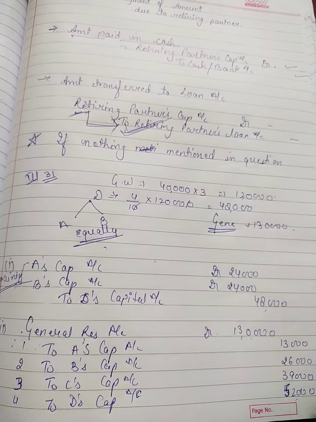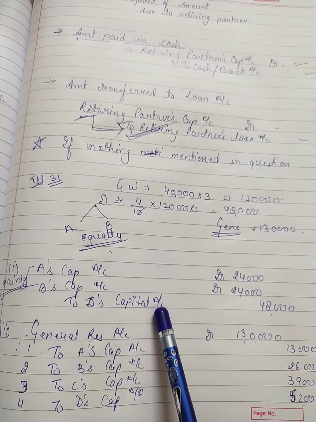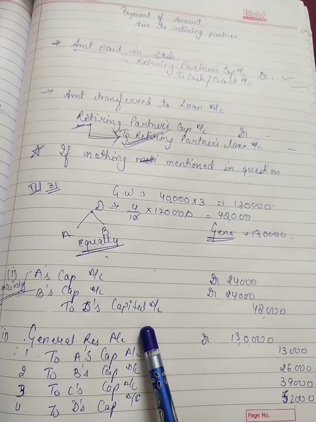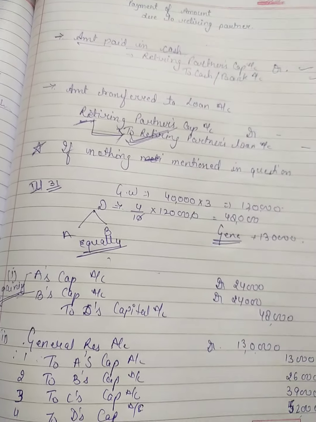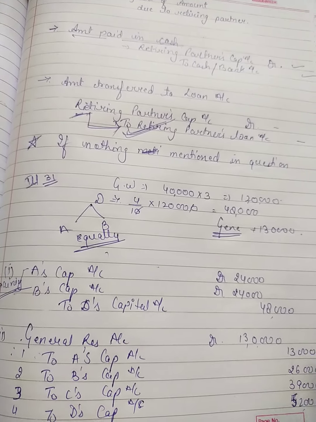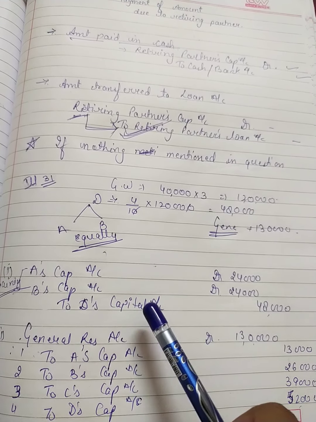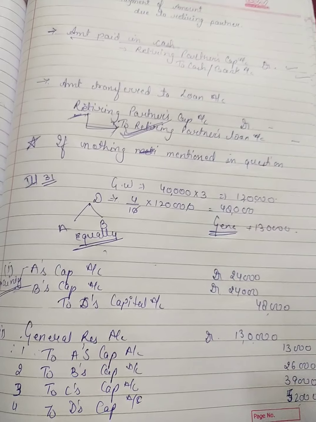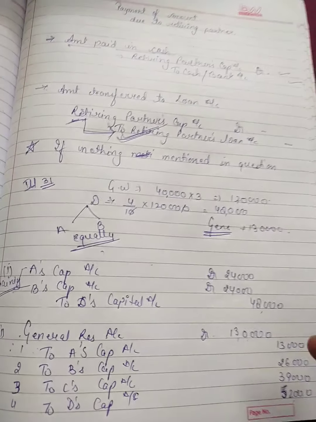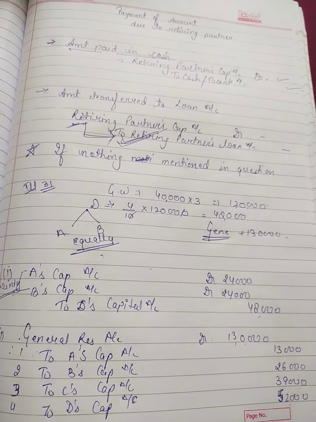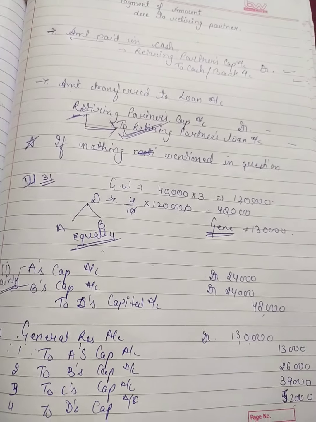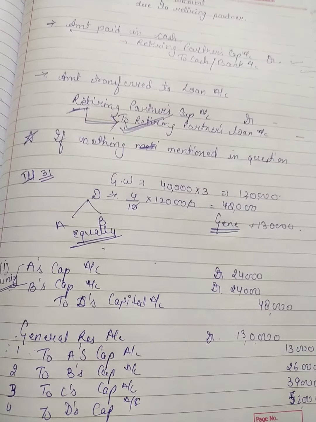So students, by the help of preparing D's capital account, we will find out the amount which is due to retiring partner, means the amount which is due to D, and there is nothing mentioned in the question that how we will pay to D. So what we will do, we will transfer whole amount of D into his loan account.